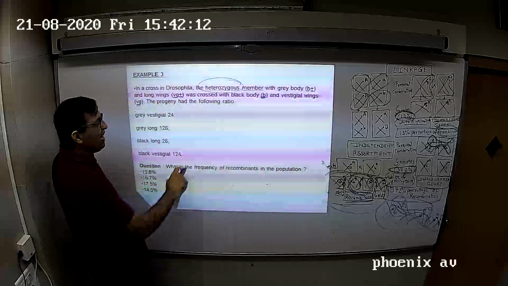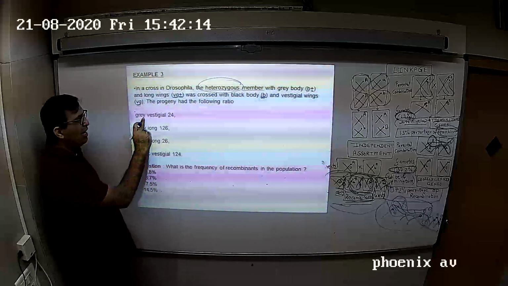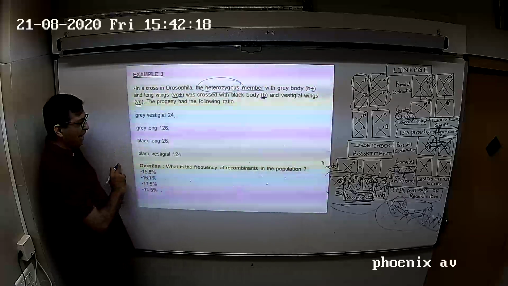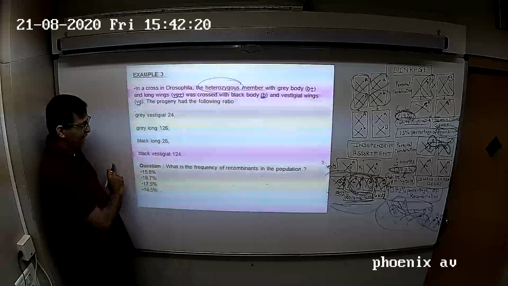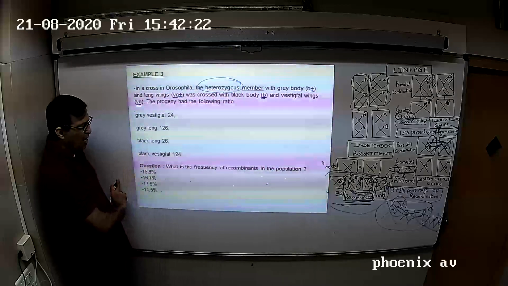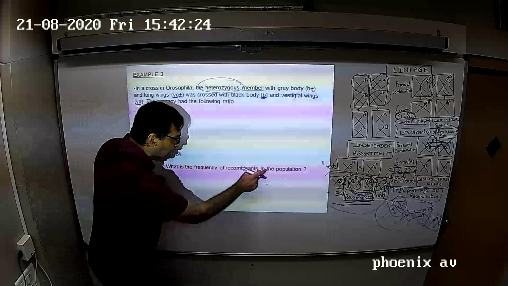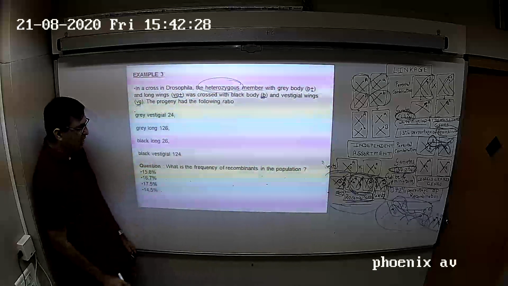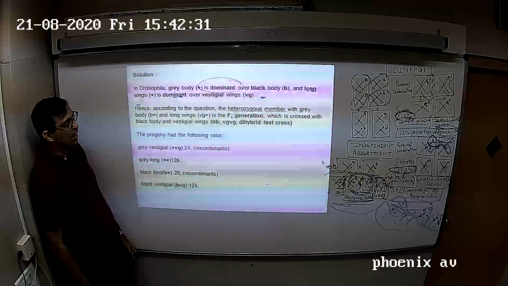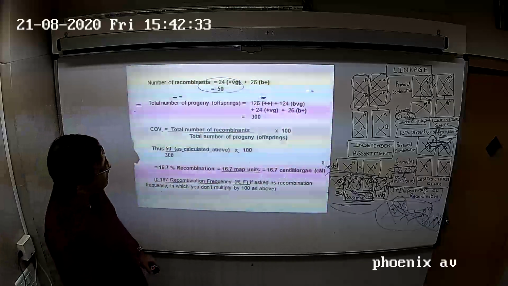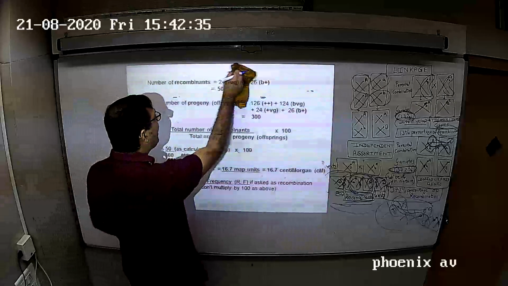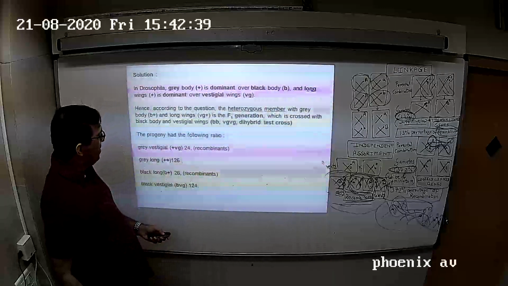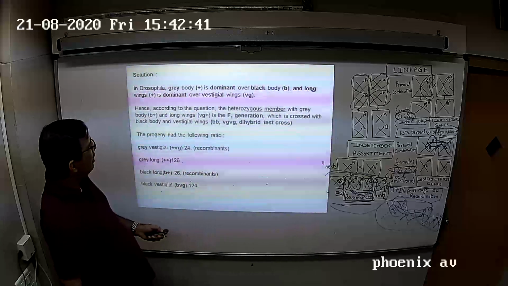The progeny has the following ratio: grey vestigial 24, grey long 126, black long 26, black vestigial 124. What is the frequency of recombinants in the population? The four options are given. Next question, please understand this. What are the number of recombinants here?